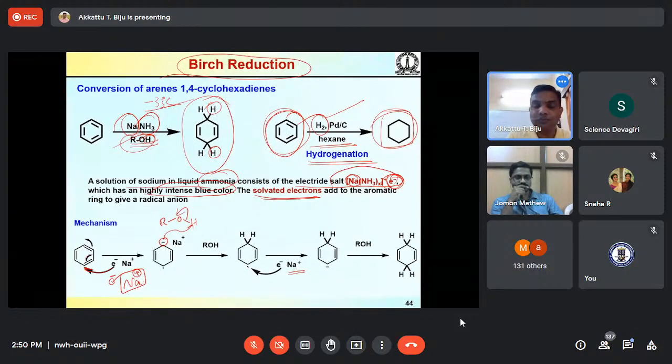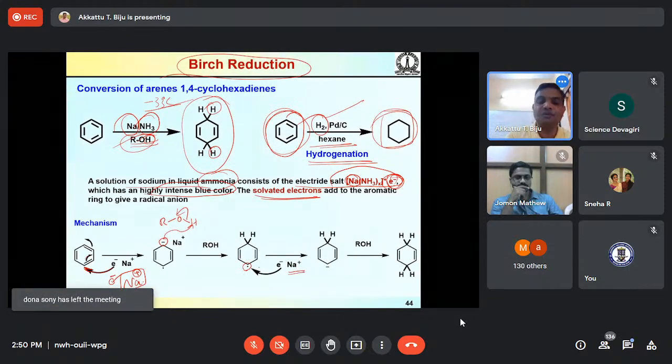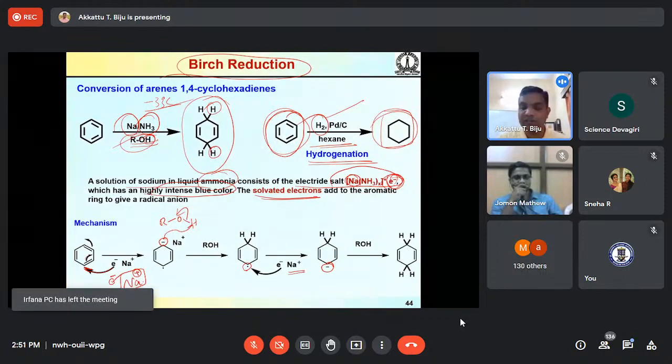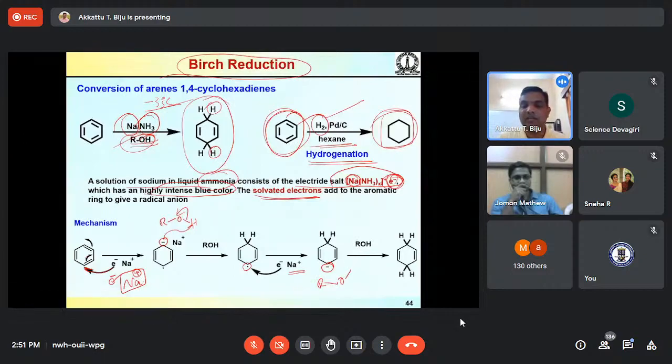So this already has one electron here, and another electron will be attracted because the sodium will donate a second electron, making this radical an anionic species. This anion again can accept a proton, getting it converted into 1,4-cyclohexadiene. So this is the mechanism of a Birch type reaction.